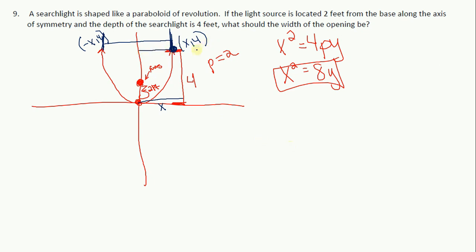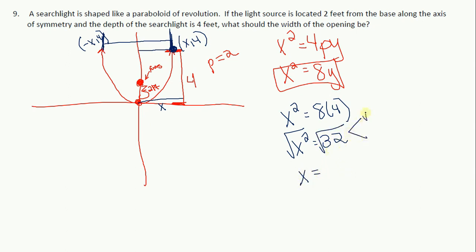So if I plug in 4 for my y, because I want to find the x value there, I know x squared equals 8 times 4, or in this case, x squared equals 32. Solve for x, I'm going to square root. The square root of 16 and the square root of 2 will work for breaking down 32, aka I'll get 4 square roots of 2, right?